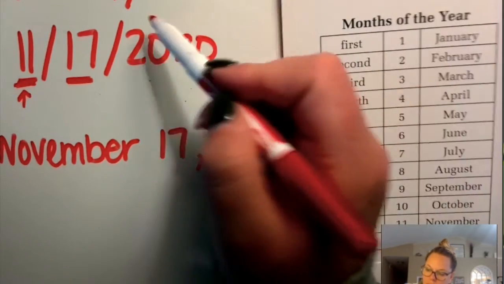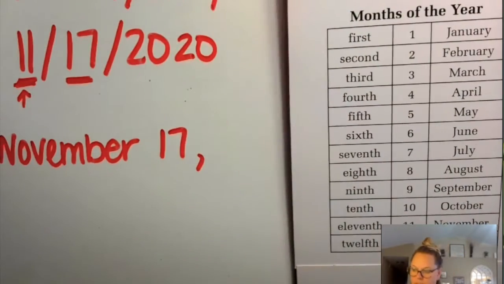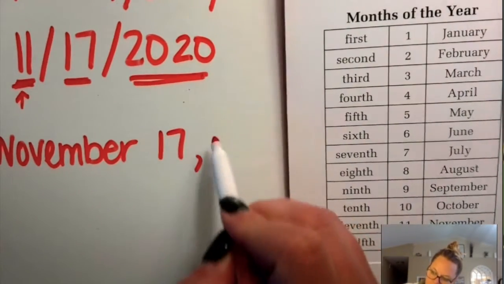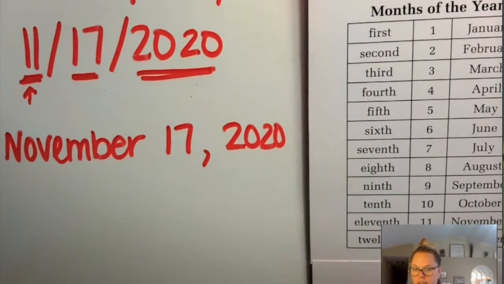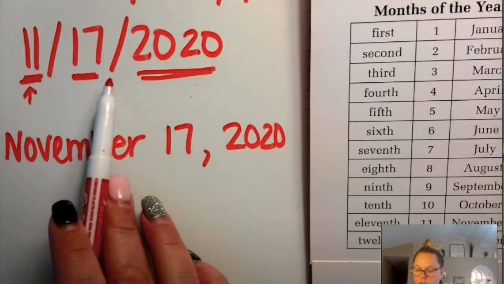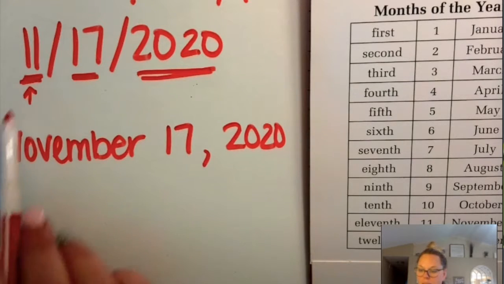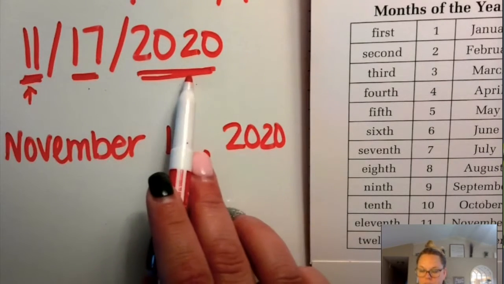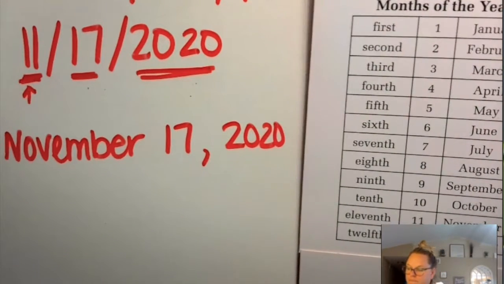And then in place of the comma, you put another slash, and this last part is the year. So 11/17/2020, that's the date today. That means the same thing as saying November 17th, 2020.